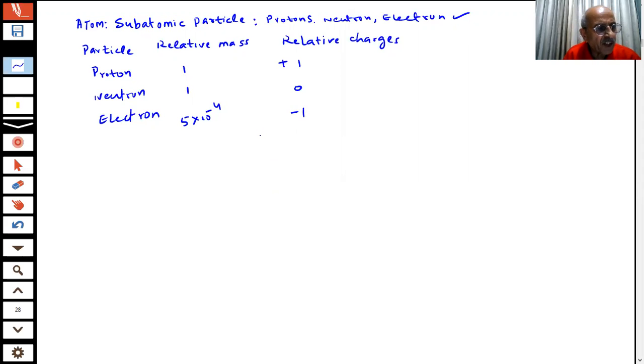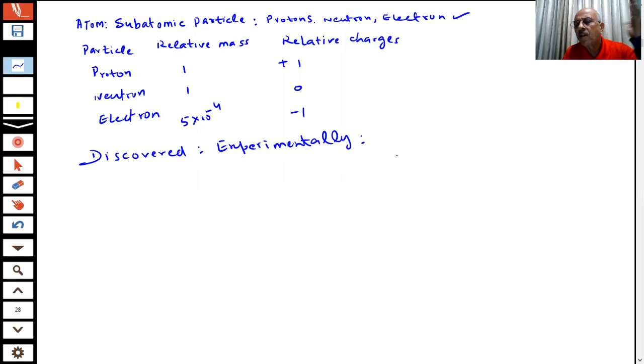And these cannot be observed directly. They are discovered through experimental data, students. So every data is experimental data. 200 years ago, there was no mention of these particles.